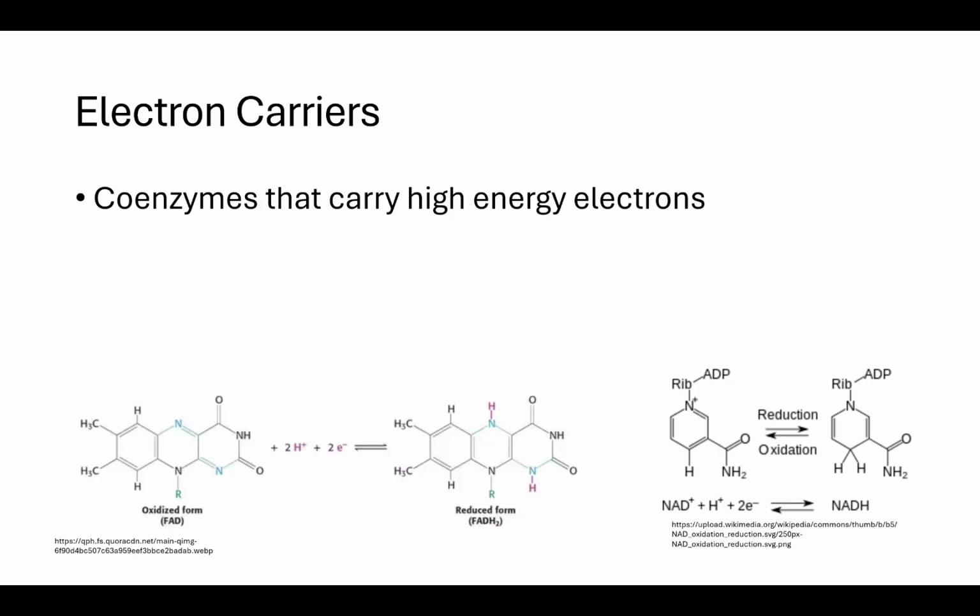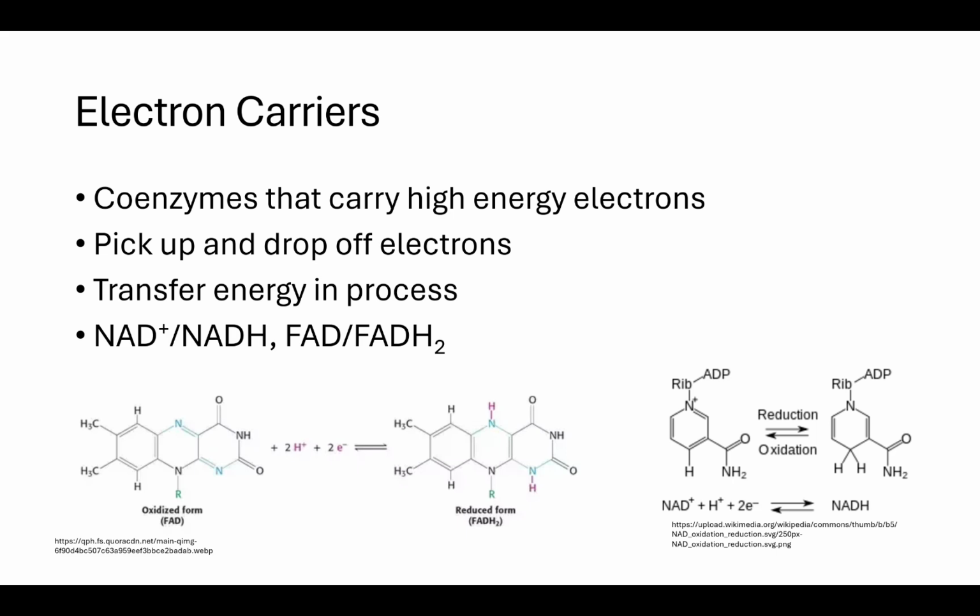Well, what's the purpose of that? The purpose of that is these guys are what are called coenzymes. They carry high energy electrons. They pick them up, they drop them off, and in the process, they carry energy around. And this also includes, if you look at this group in general, NADP+, aka NADPH. And each of these molecules has two forms.